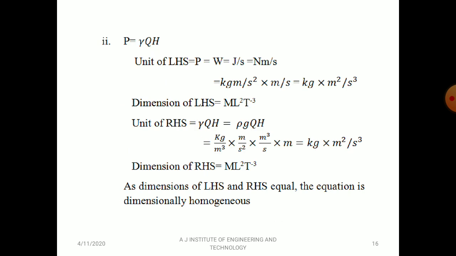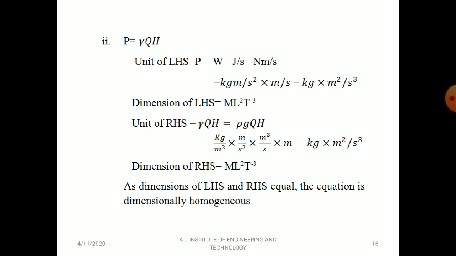Next, second case, power equal to gamma QH. But gamma, that is the specific weight or small letter w, as I already told in the table, you can replace by rho g, so power becomes rho g QH. So unit of LHS, that is power, equal to watt or joule per second. Joule is work, given by force into displacement, force has unit Newton, so Newton meter.